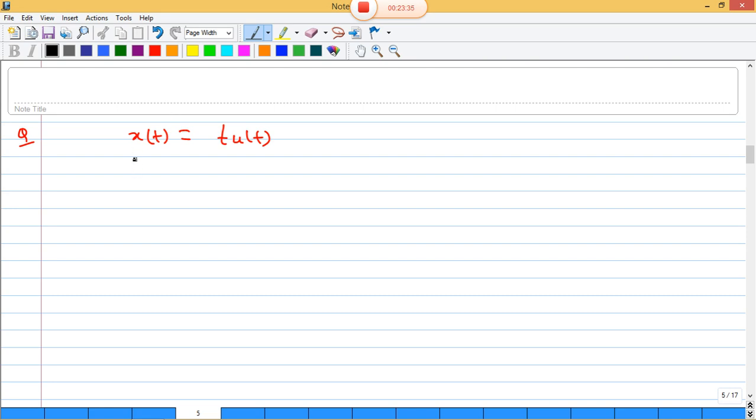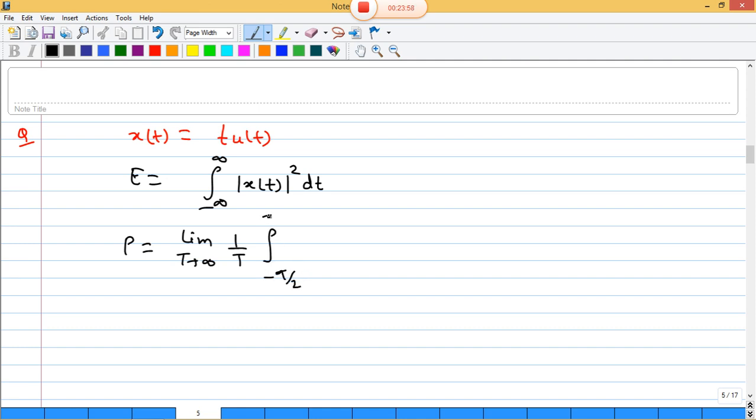Okay, so energy will be, just integrate from minus infinity to infinity, x of t square dt. And what will be the power here? Power will be limit T tends to infinity 1 by T integrate from minus T by 2 to T by 2 mod x of t square dt. Is that clear?